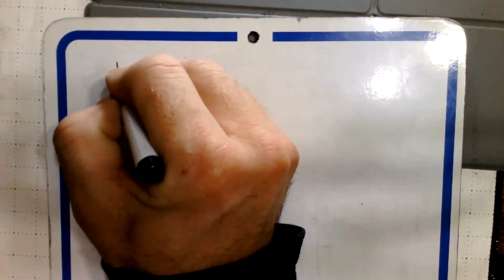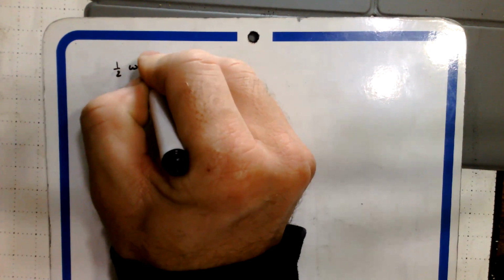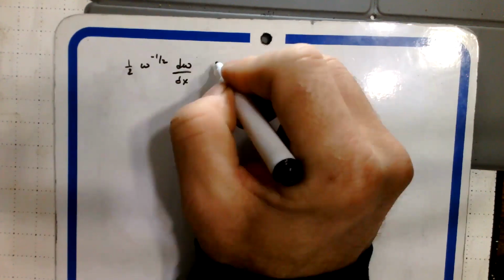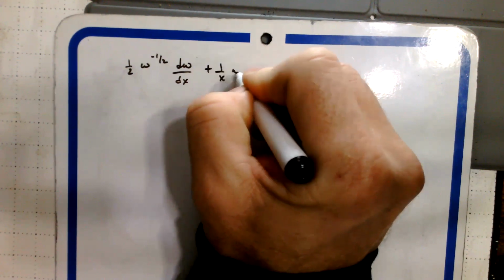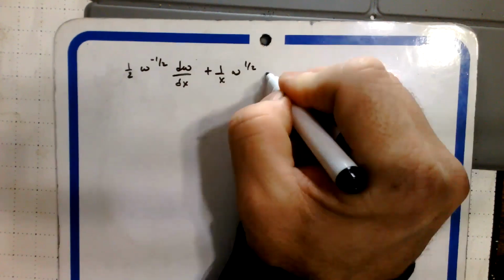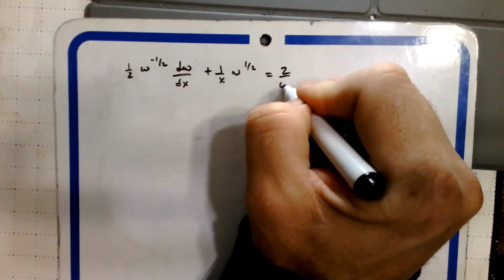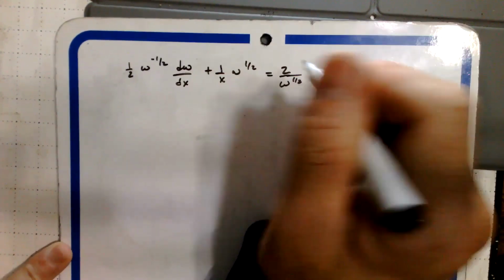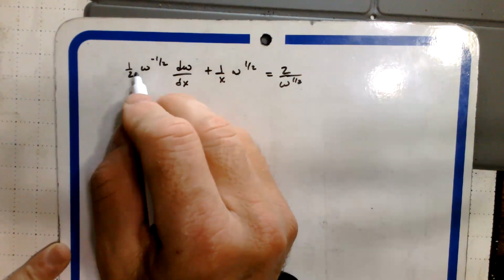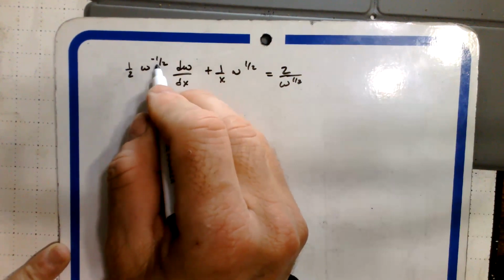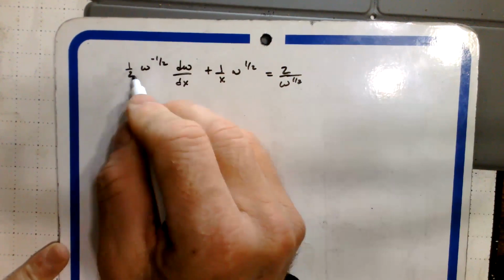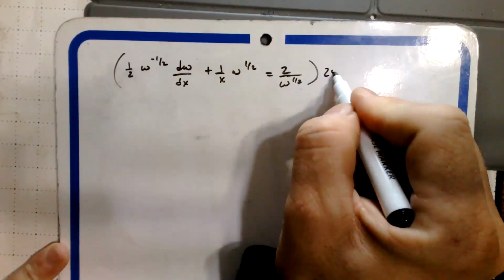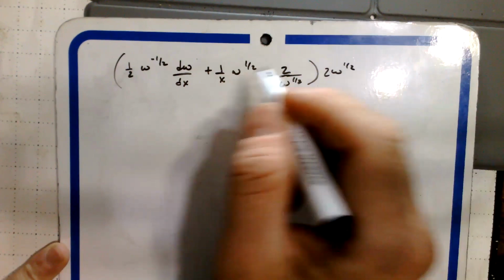So we have 1/2 W to the negative 1/2 dW/dx plus 1 over x W to the 1/2 equals 2 over W to the 1/2. That's a good sign for a Bernoulli equation. We'll multiply everything through by 2W to the 1/2.